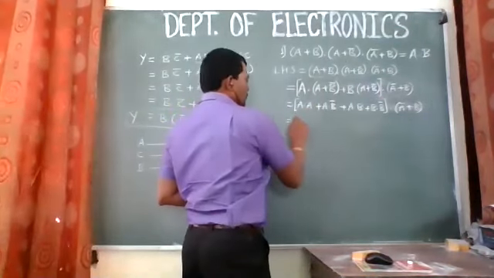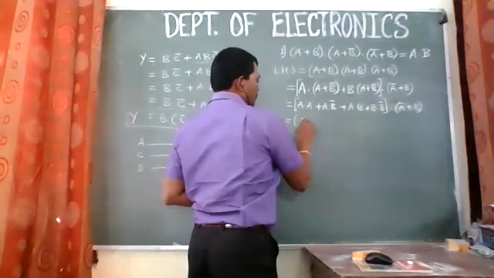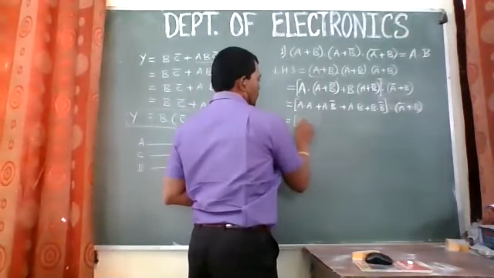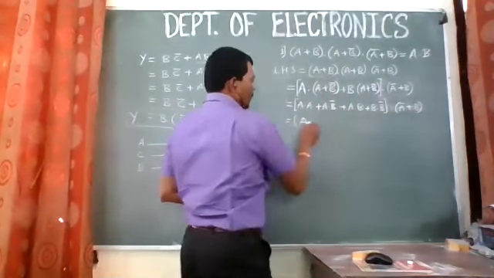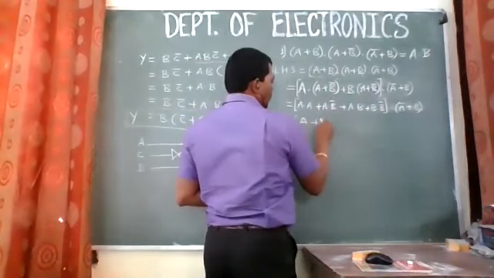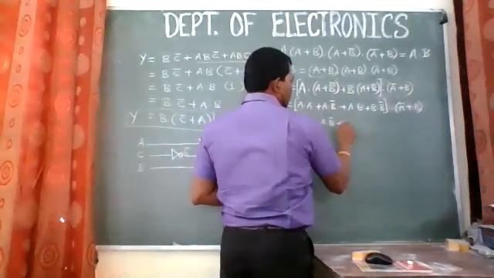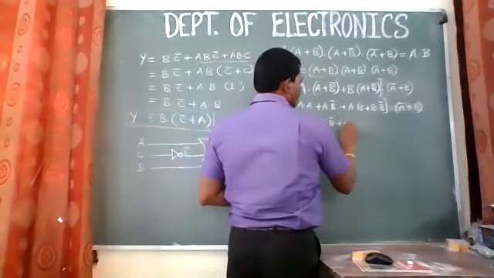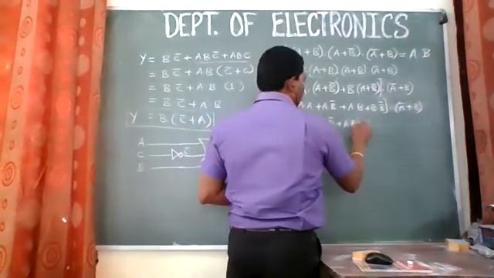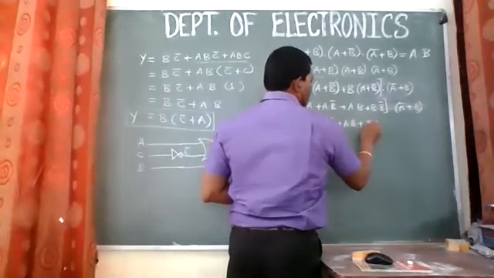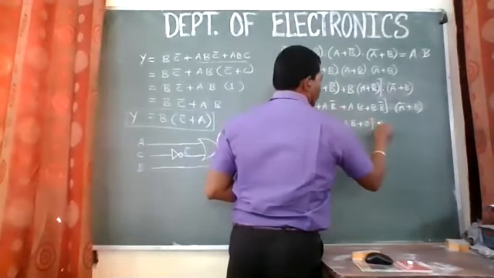Now, A dot A is A, A dot A bar is 0, A dot B is A dot B, and B dot B bar is 0.